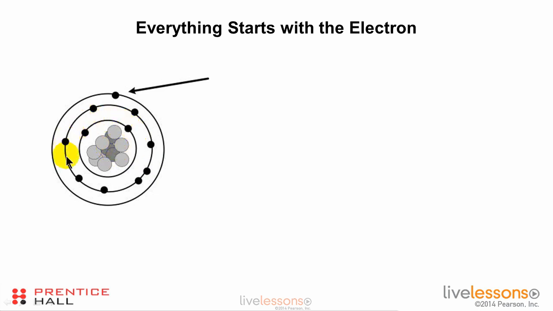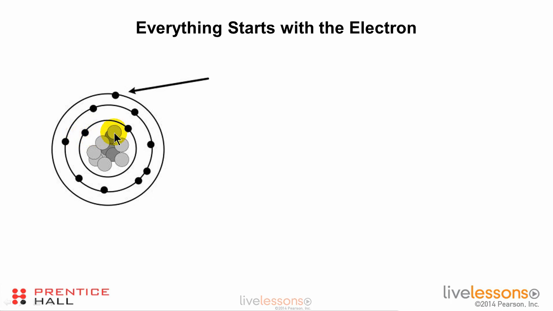Around the nucleus are a bunch of electrons. We show electrons as if they are orbiting in circular concentric orbits. That's not exactly true. The electrons are really in states or shells, and we'll talk about that in just a couple of minutes as we go along.